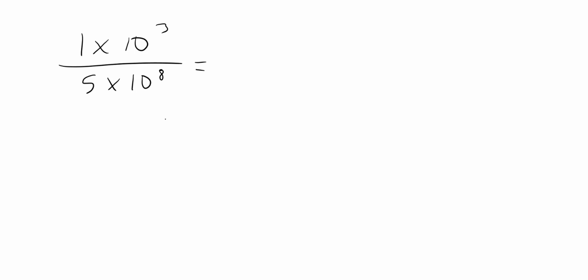So 1 divided by 5 in your calculator is going to give you 0.2. And 3 minus 8 is negative 5. So 0.2 times 10 to the negative 5th power. Okay, so you need to move it over 1, right? Very important. Move this over to make it 2.0 or 2. I don't care if you put 2.0 times 10.